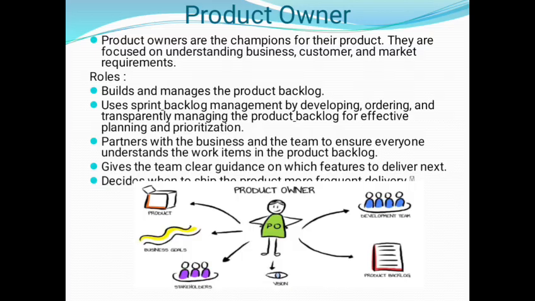Next, product owners are the champions of their product. They focus on understanding business, customer and market requirements. Role of the product owner: they build and manage the product backlog, and the sprint backlog is managed by the development team. They manage the product backlog for effective planning and prioritization.